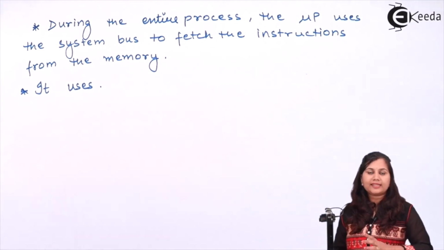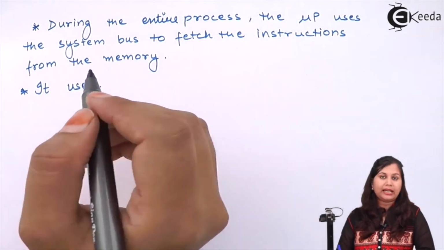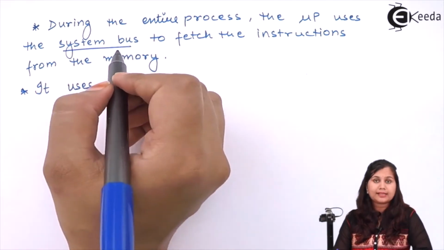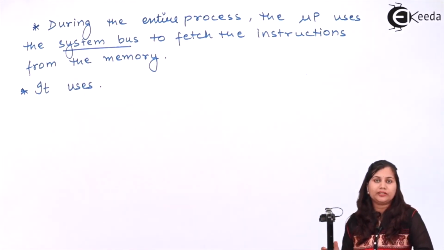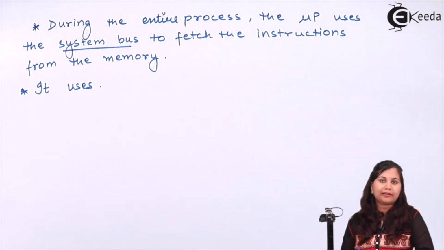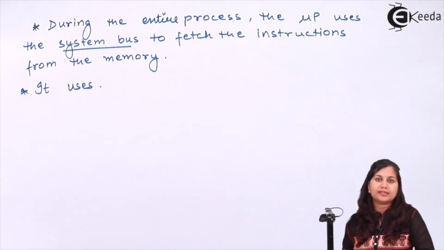Now the data is fetched from the memory using this system bus, and then it is provided to the arithmetic and logical unit to perform the operations. If there is any intermediate result, then the microprocessor uses the registers to store the temporary result.